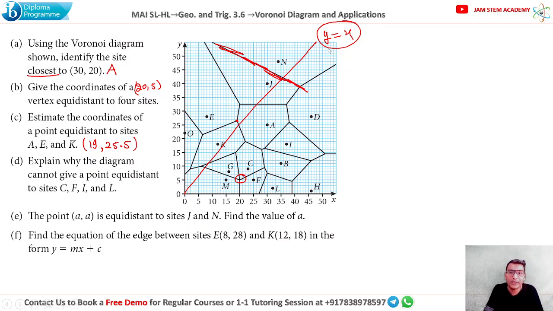So in this way you can get those coordinates. You can also calculate the approximate value once you draw the graph for y equals x. It comes out as around 40 comma 40. It will be close to (40, 40) if you draw the line.